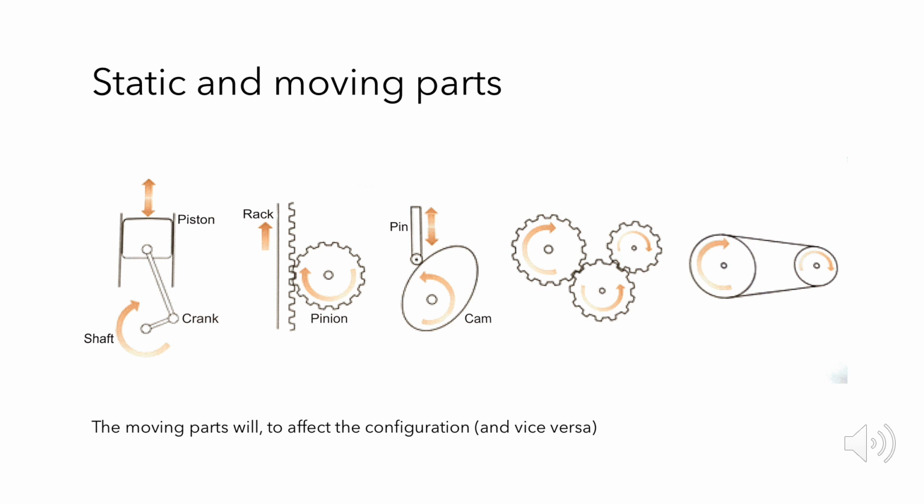Obviously, there are other forms of, not exactly mechanism, but functions which require power, such as electronics and so on. And whatever moving parts you're choosing, or the kinds of electronics that you wish to incorporate, it's going to affect the configuration of any design that you make. And the configuration will affect the parts that you can incorporate. So it's really important to think through the detail of how am I going to make this work.